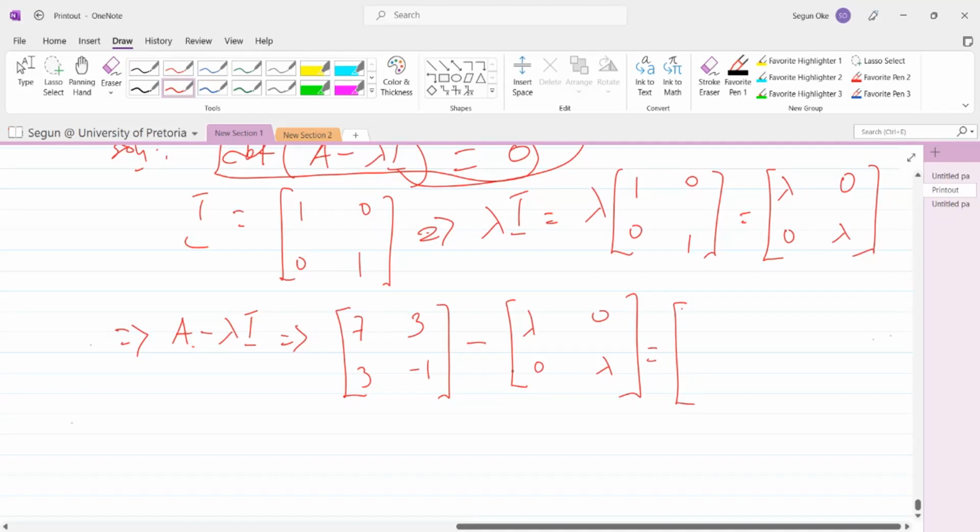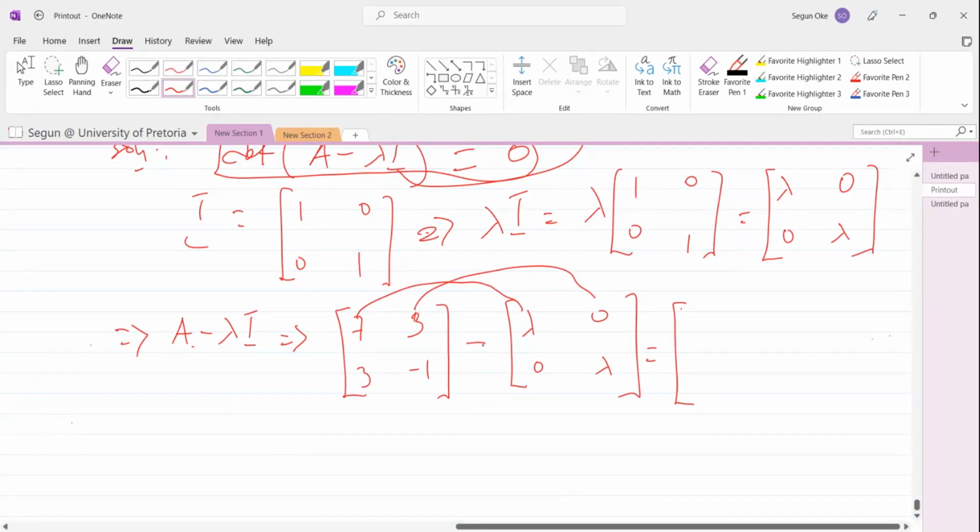So it simply means that this will minus this. Accordingly, this also will minus this. Have you seen it? It will correspond to each entry. It's not that you just say 7 minus 0. It doesn't work that way. So it's going to be 7 minus lambda.